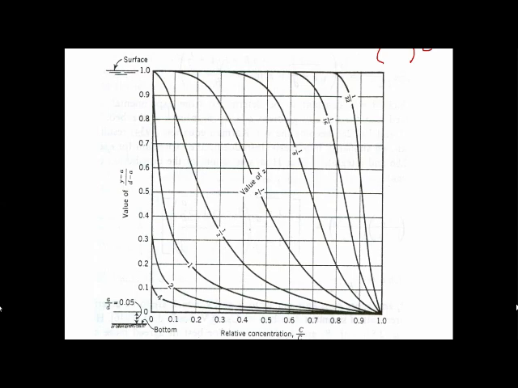So the Z value is getting lower, means that the concentration dia dah tak jadi curvy dah, it's almost straight. But if you look down here, your Z value is getting higher, and then the concentration profile dia jadi kecil.